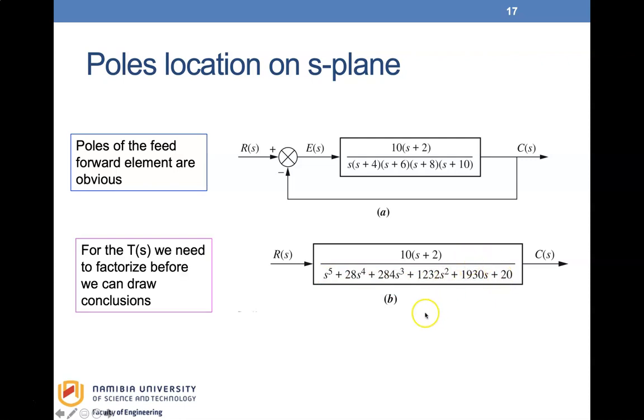So if you look at this T of S, it is not very obvious that we know where the poles are located. For us to know where these poles are located, we need to factorize this, and this can be a very difficult task.